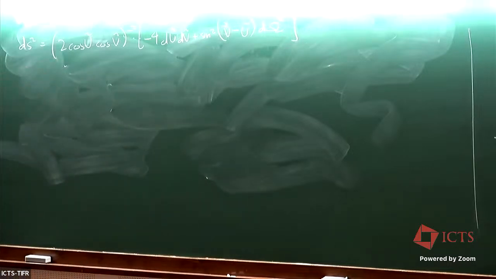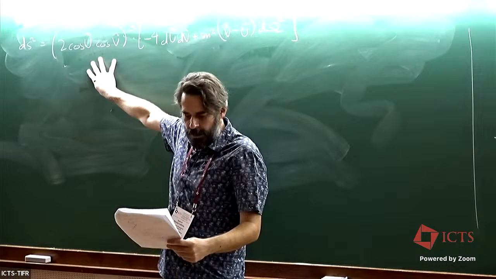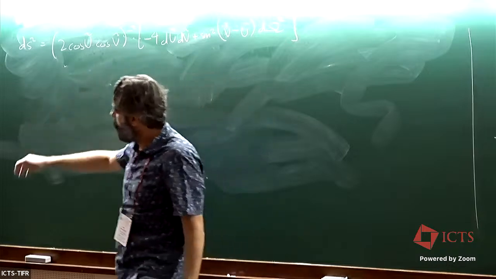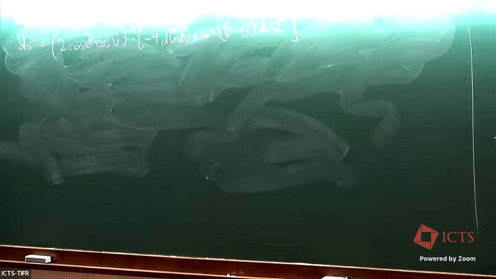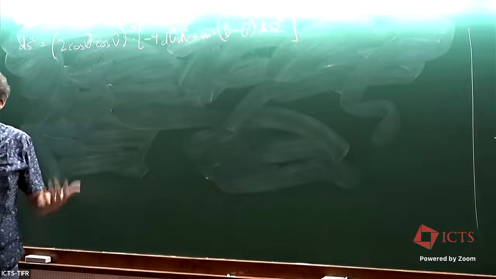So I've written Minkowski now in terms of these compactified coordinates. I've brought infinities to a finite value of the coordinates. But I have a problem, and the problem is this factor here. As you can see, when I'm trying to reach infinity, which would mean that u and v go to plus and minus pi halves, that thing becomes 0 and it's to the power minus 2. So I have a singularity.